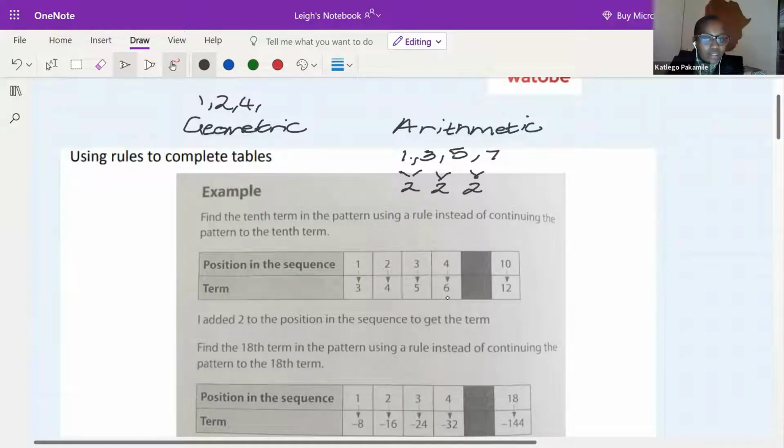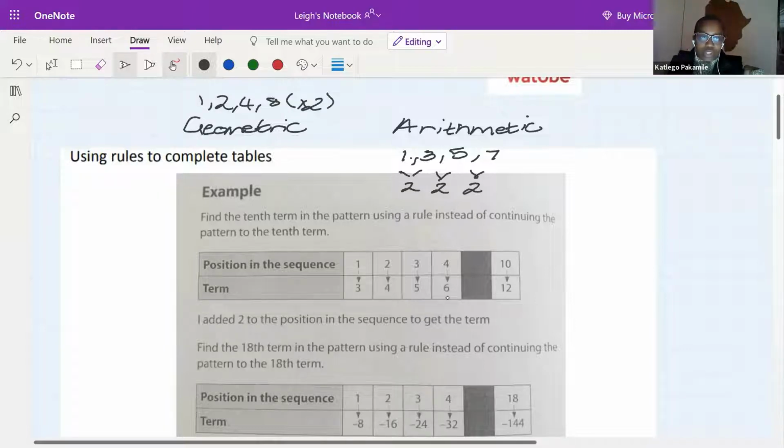Tenji, do you want to give it a try? Ma'am, I think it's 8. Oh, there we go. It's 8. We're multiplying by how much each time? 2 times. Exactly, we're multiplying by 2.